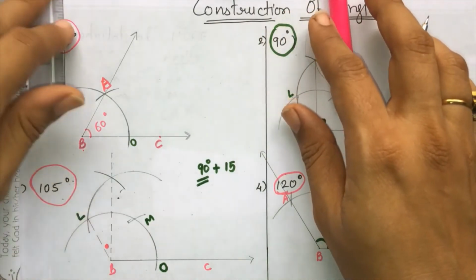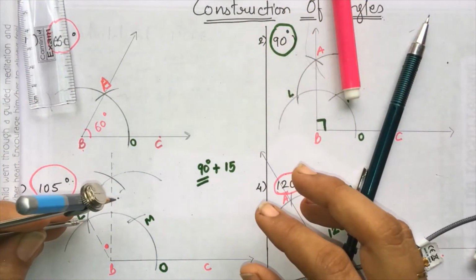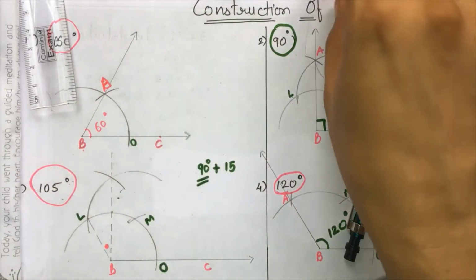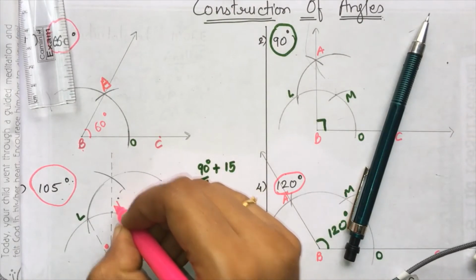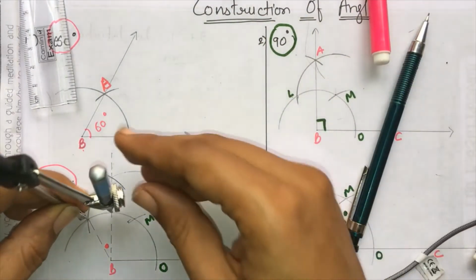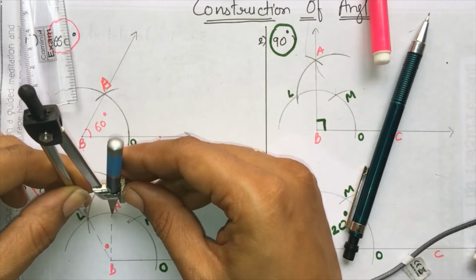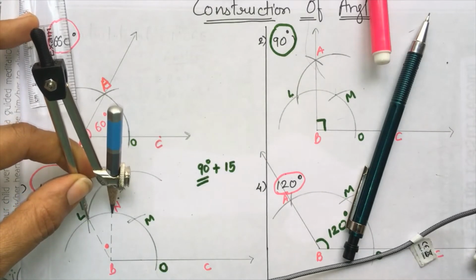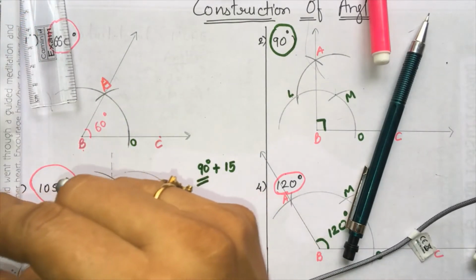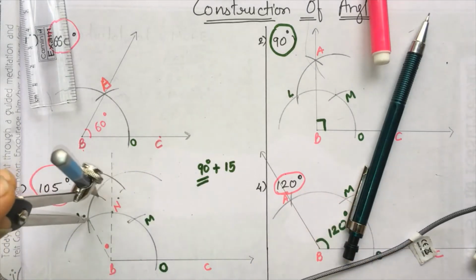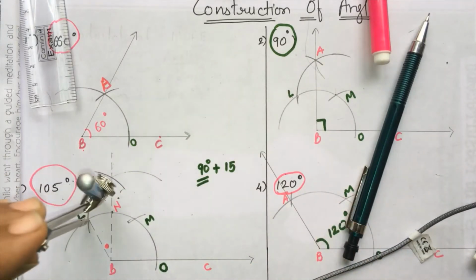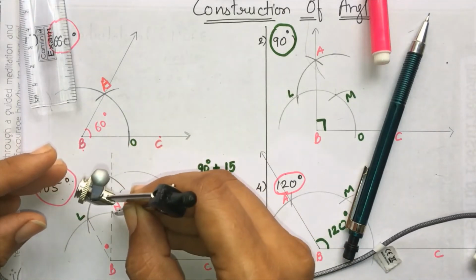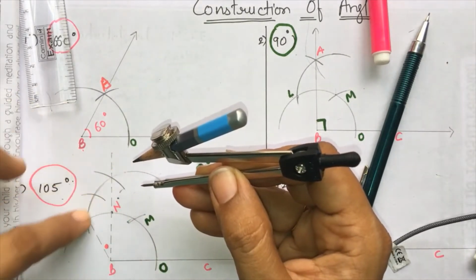For that, what we have to do is, we have to take this distance, this one. Suppose this point of intersection we are naming it as N. Then we have to take radius equal to the distance between L and N. I hope it is visible to you. And now using this radius we are going to cut this arc, which we already have.